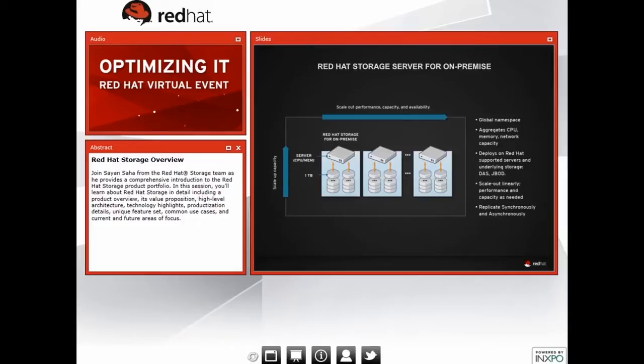So in the next two charts, we talk about the two variants of the product. Red Hat Storage Server comes today in two different variants. The first one is called Red Hat Storage Server for on-premise. This is basically the solution for bare metal data center.